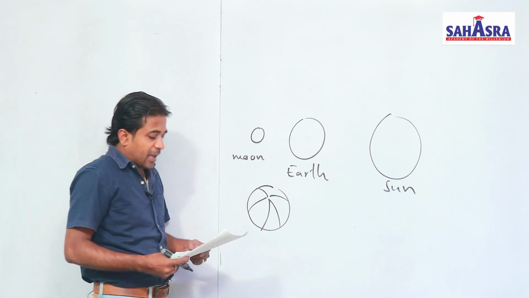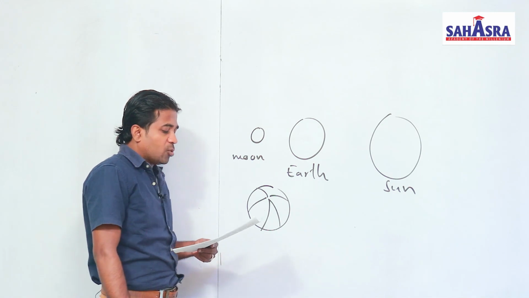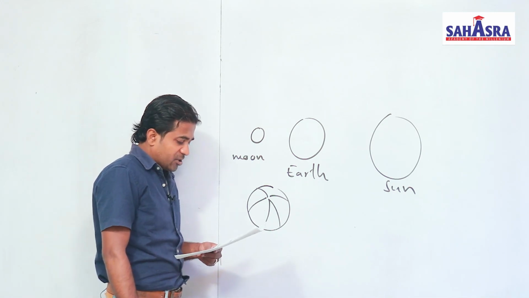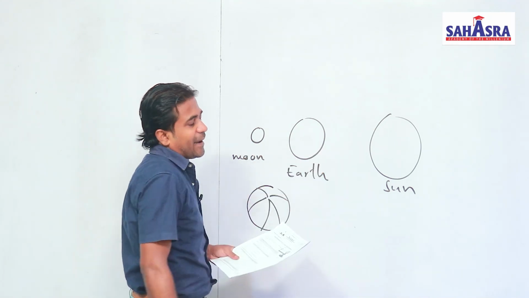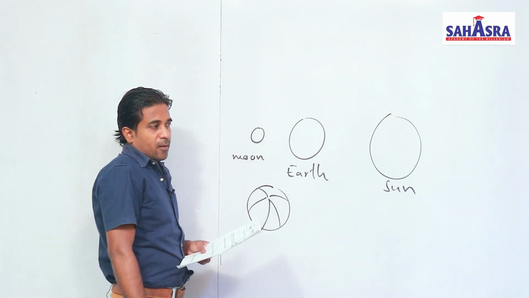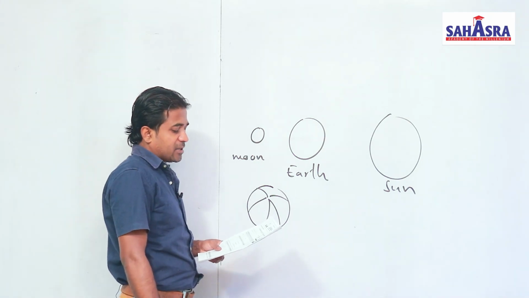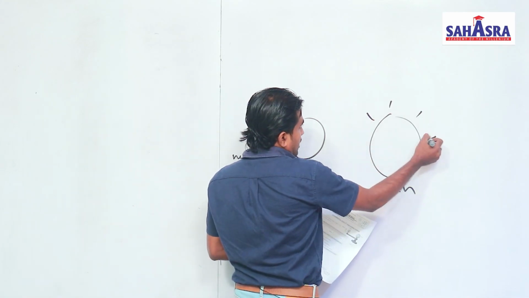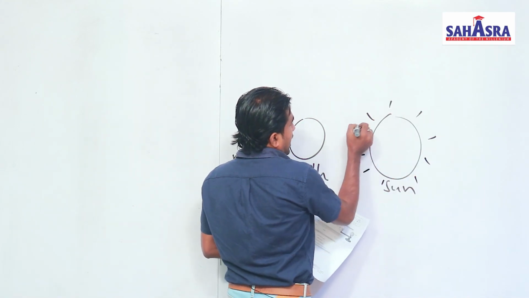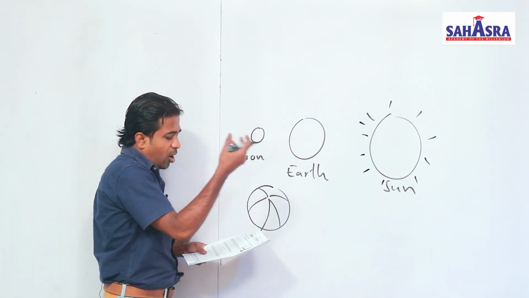Then part B. Complete the sentences below by writing earth, moon or sun. The first question: the space is a source of light. So which one is the source of light? We know that the sun emits its own light.